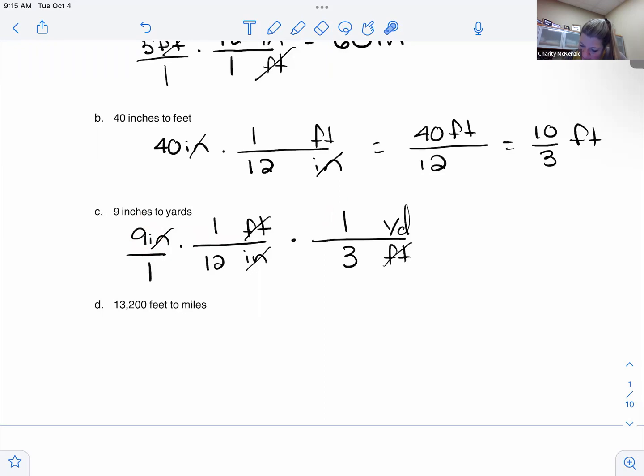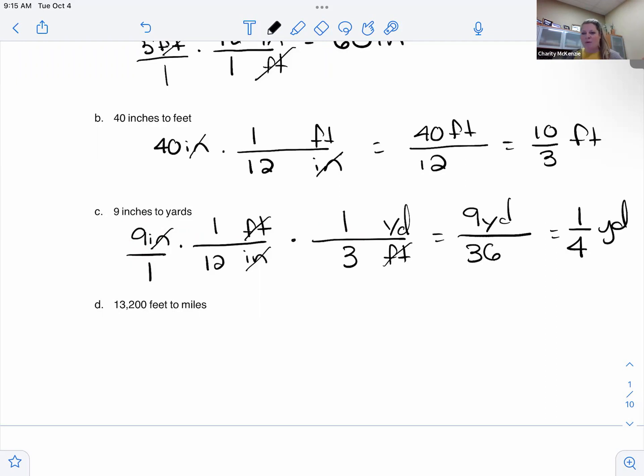So I have 9 yards left on the top. On the bottom, I have no more conversions. 1 times 12 times 3 is 36. Okay, reduce that, and I get 1/4 of a yard.